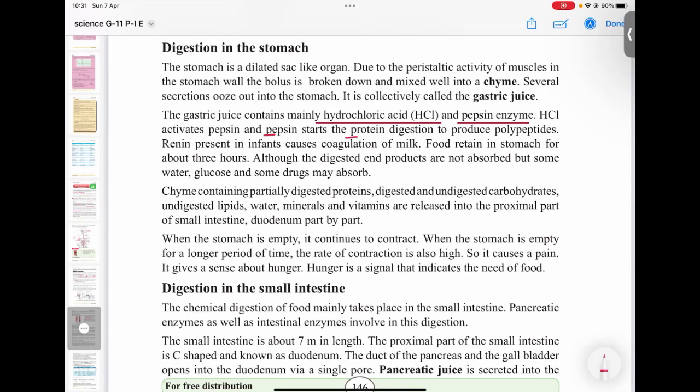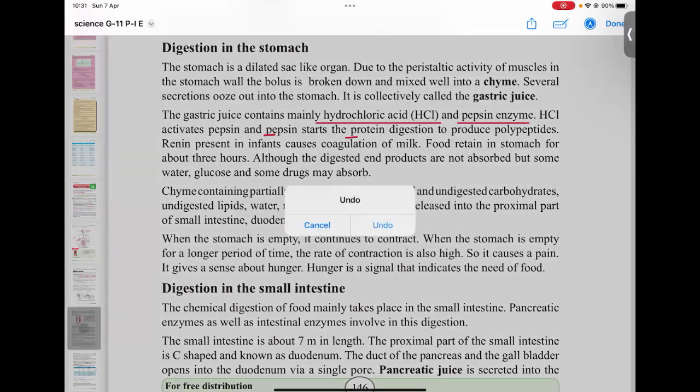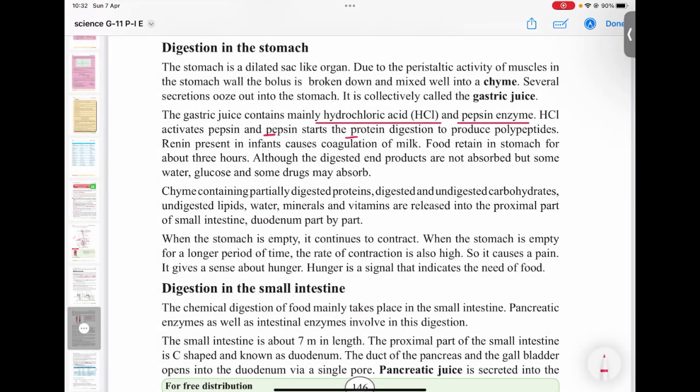After this class is over, please take a piece of paper and write all the reactions you came across. Now you have to remember protein will be converted to polypeptides. I'll write PP. It's easy. By pepsin. So what are polypeptides? They are chains of amino acids, but they are not protein.